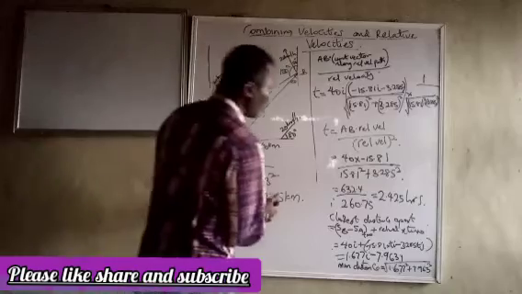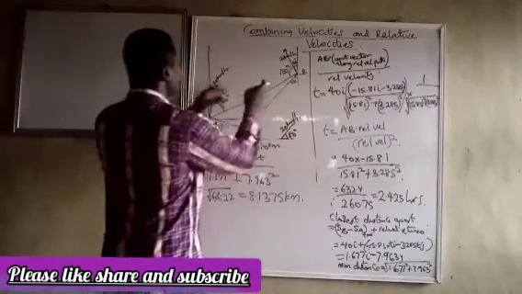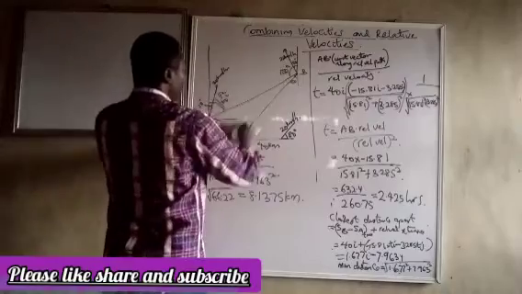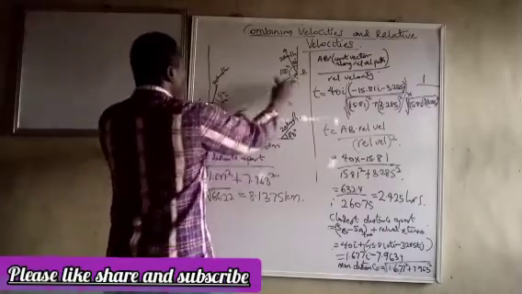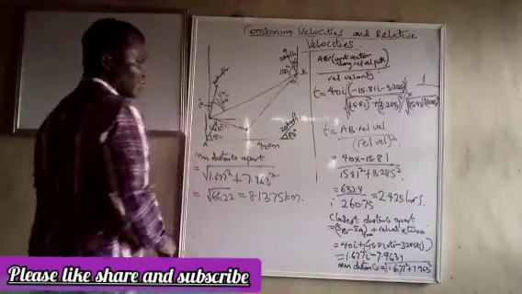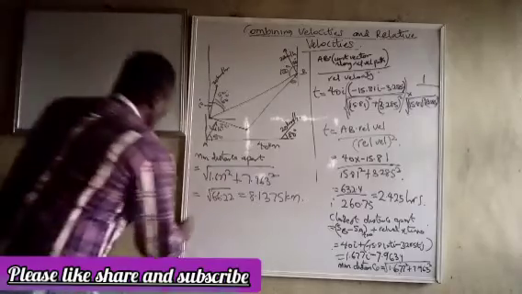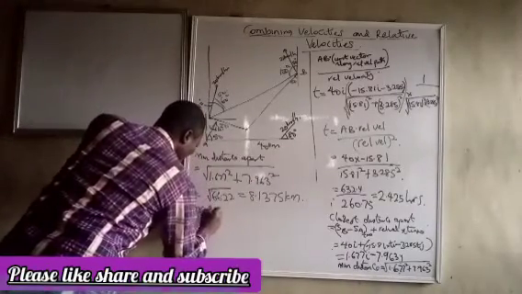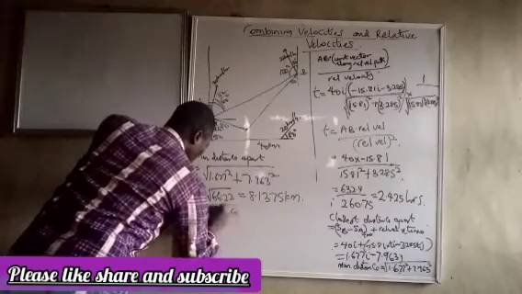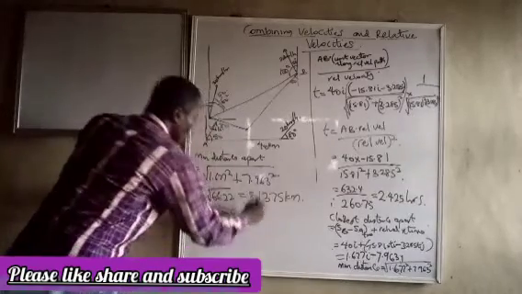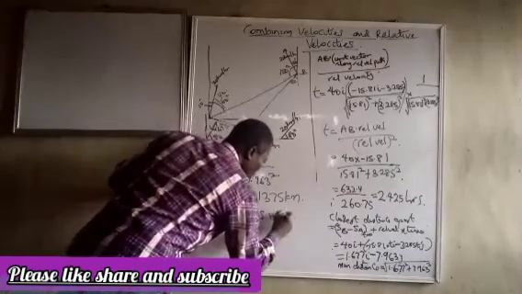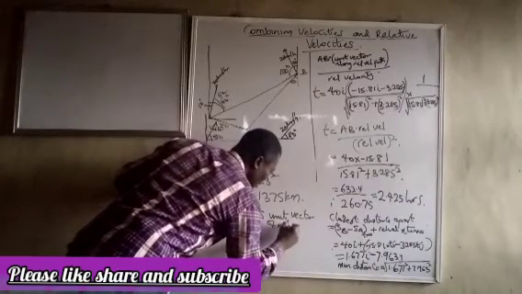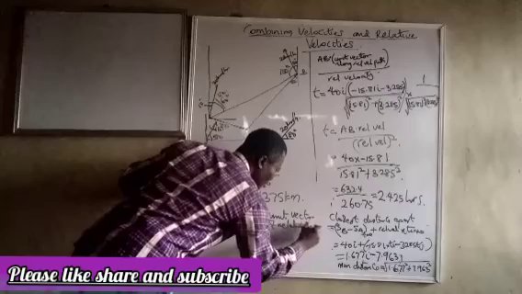Vector products of the initial distance and the unit vector of the relative velocity, or distance apart cross unit vector of relative velocity.